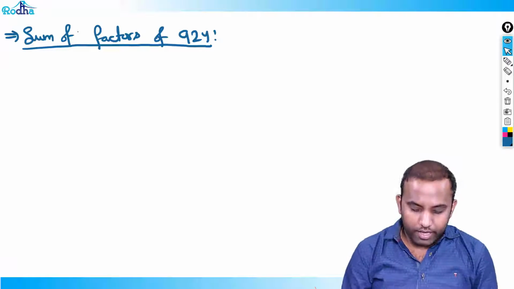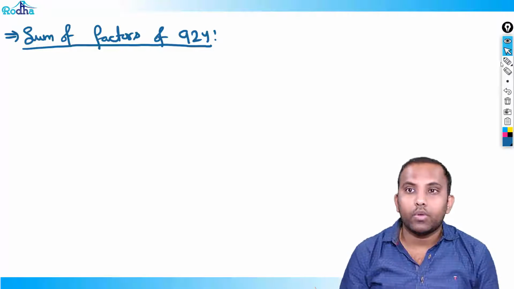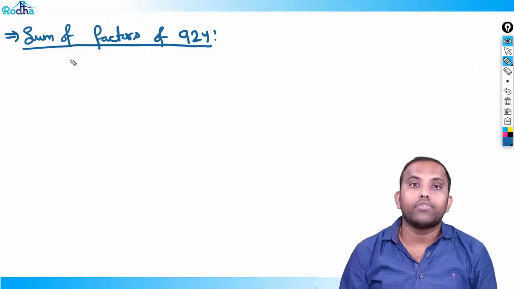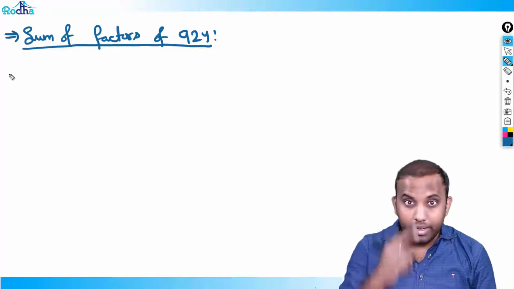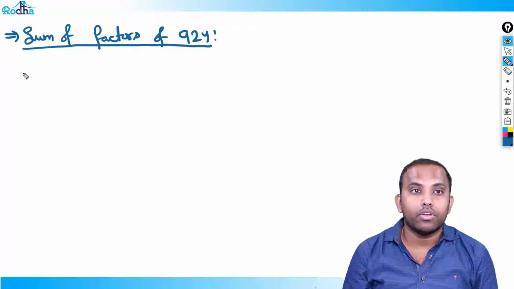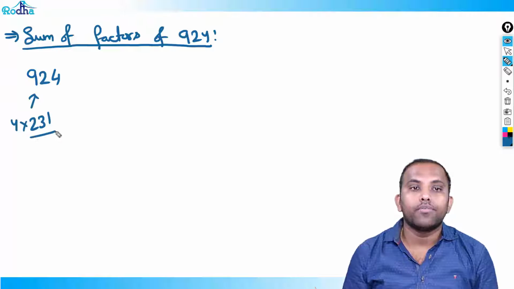So what is 924 here? 924 half is 462. What is 462 half? 231. So I can write 924 as 4 into 231. Now what is 231? It is divisible by 3.